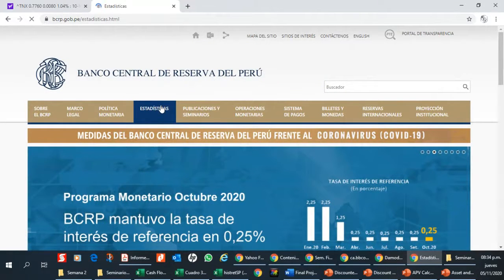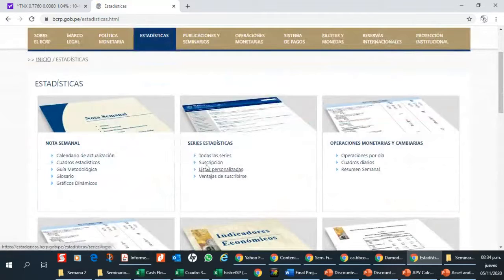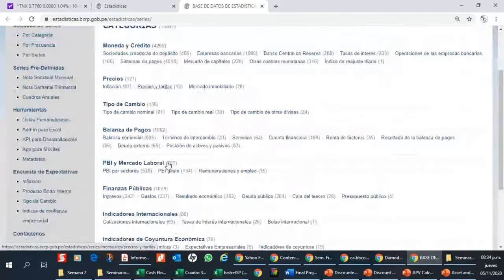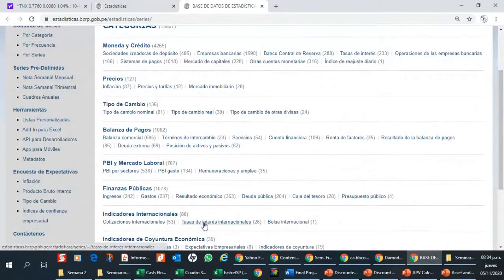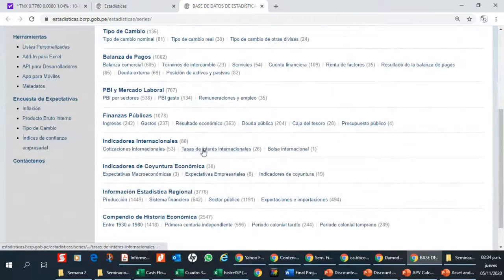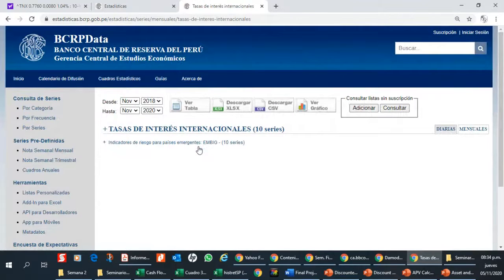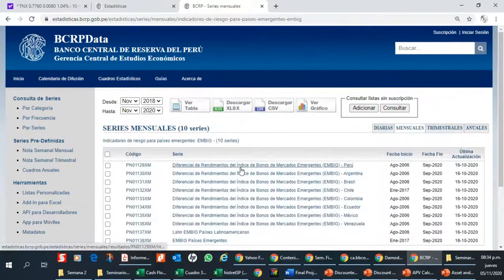What I wanted to highlight here is a statistic. There's a series, and they actually have the 10-year T-bond right here in international interest rates. So there are other ways where you can get it, and you don't need only Bloomberg to get that. That's what I want to highlight here.